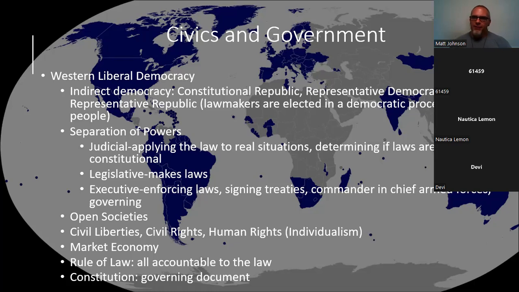Some other facets of Western liberal democracies tend to be market economies, drives the prices. So individuals and corporations basically decide what the price of goods and services are going to be, and that's driven by a market, right? It's kind of driven by supply and demand.